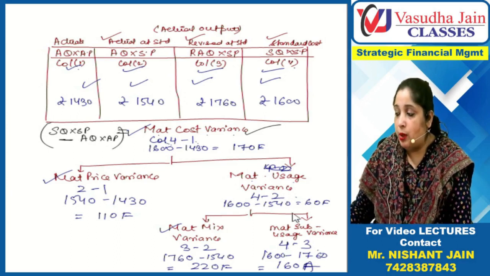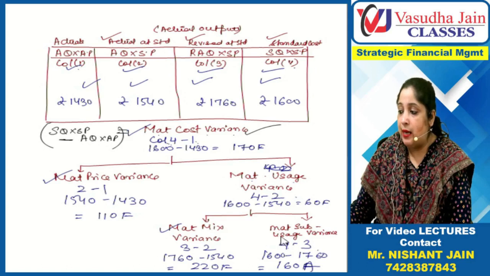Okay. Coming back, now two variances are left, mix variance and sub usage. Mix variance 3 minus 2. What is column number 3? RAQ into SP and AQ into SP. Okay. So let us write this.